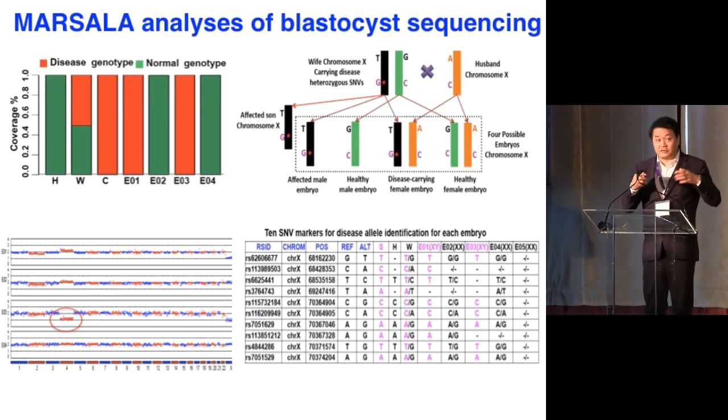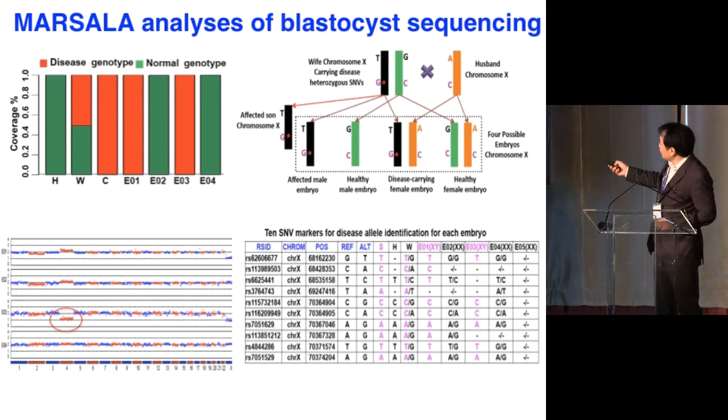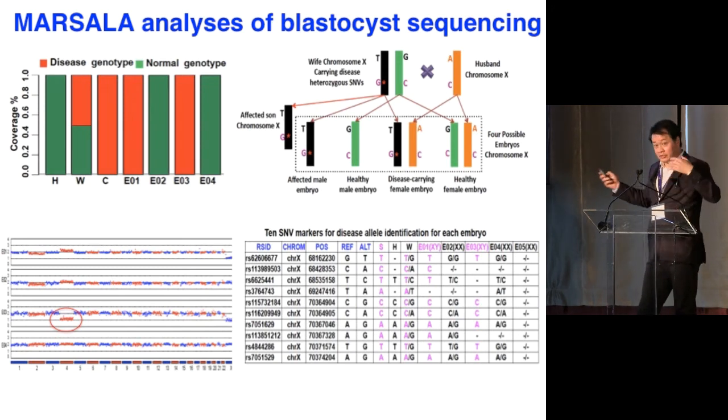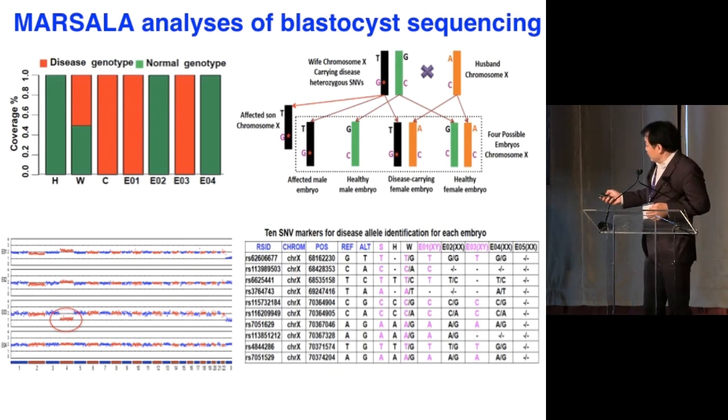Now, because it's an X-linked disease, this son, their first son, got the wrong X, the problematic X. Okay, so he suffered from brain damage only because he couldn't sweat when he was young.